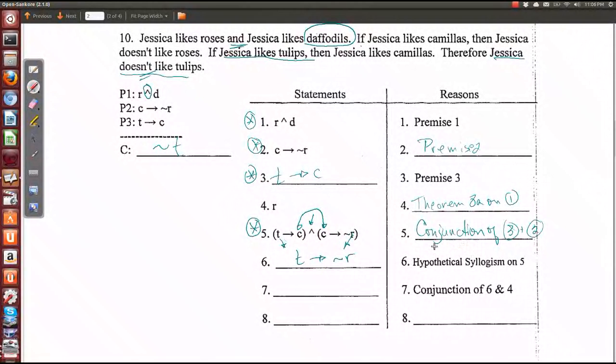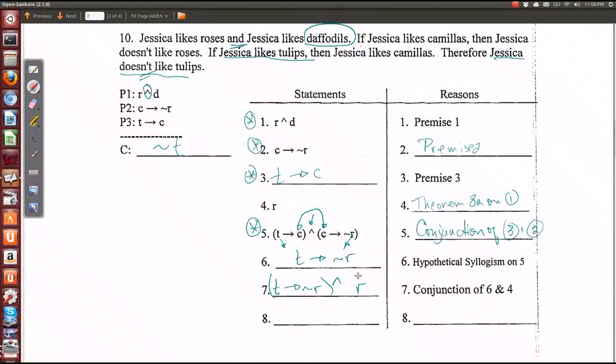At this point, I only have two statements, and conditionals always come first. So this is really going to be T conditional negation R and R. That's the conjunction of 6 and 4.